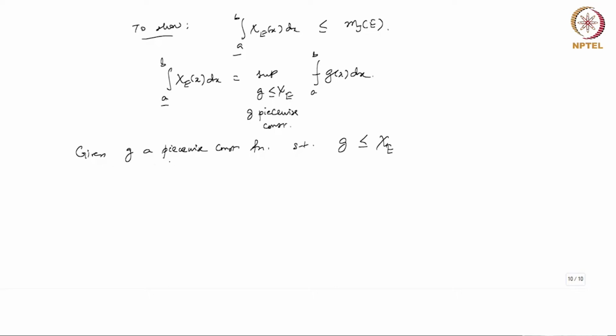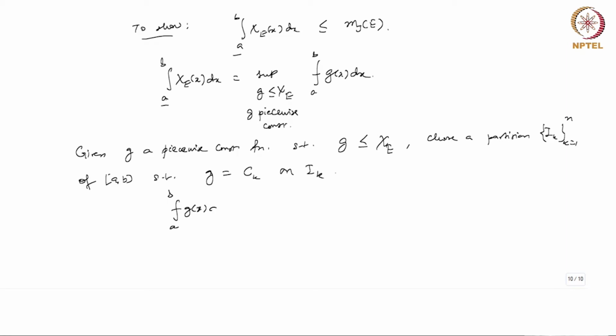If you take any piecewise constant function g such that g is less than or equal to chi_E, because g is piecewise constant, we can choose a partition I_k, k equal to 1 to n, of this interval [a, b] such that g takes the value c_k on I_k, and in fact the piecewise constant Riemann-Darboux integral for g is then the sum of c_k m(I_k), k equal to 1 to n.